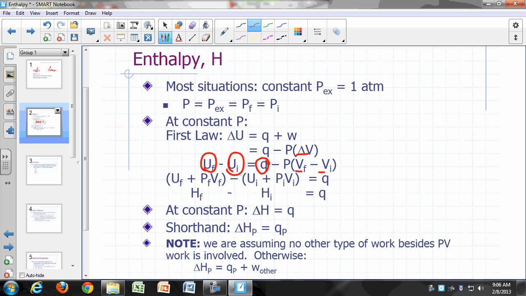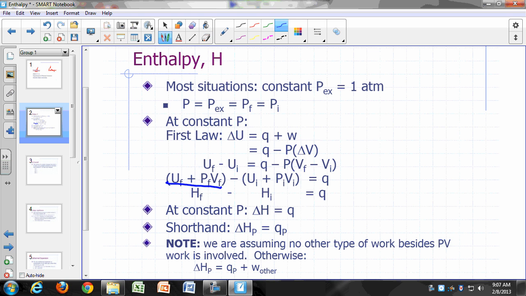If we rearrange this equation, put all the final stuff on one side together, and all the initial stuff also together, what do you get? Here's U final minus P final V final. I move this over to the left side, so that becomes a plus, right? So I put them together. I have U final plus P final V final on this side.